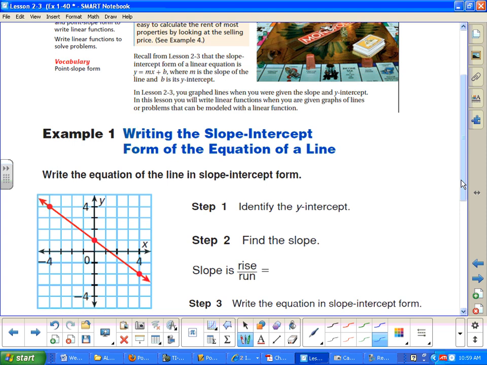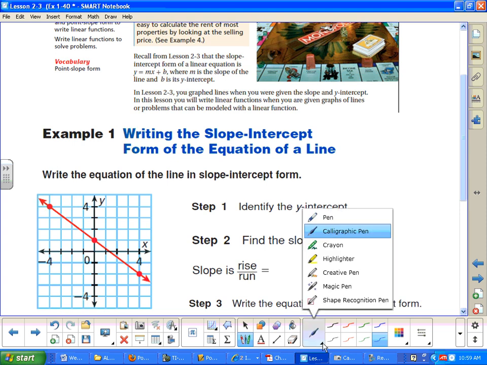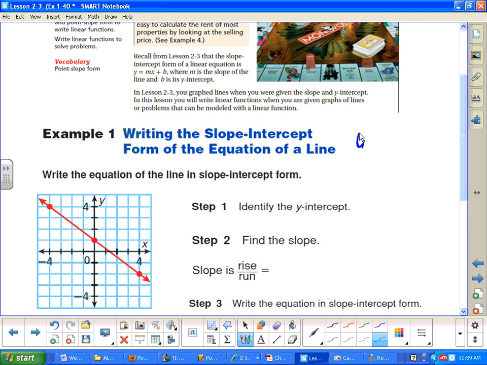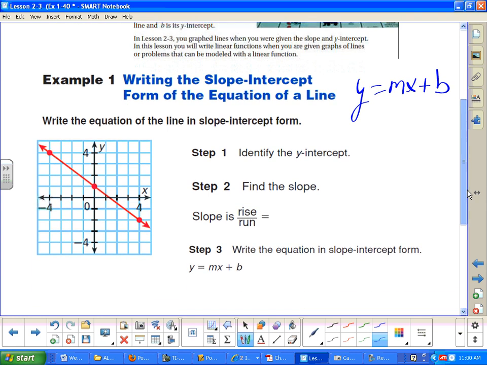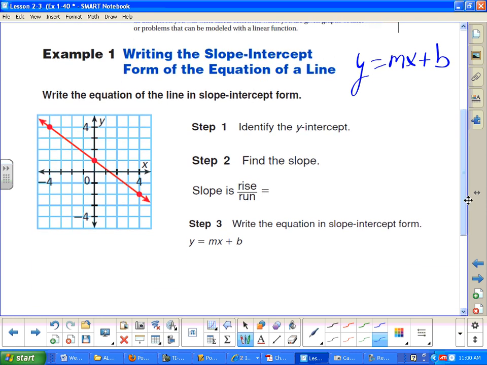So when we say we're using slope-intercept form, then we want to make sure it's in y equals mx plus b form. That means that we need to find the y-intercept, and we need to find the slope. So if we're working with a line, the first thing I want to do is find the y-intercept.